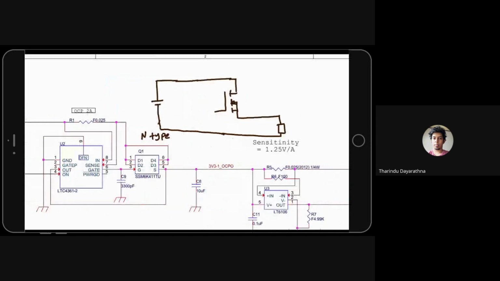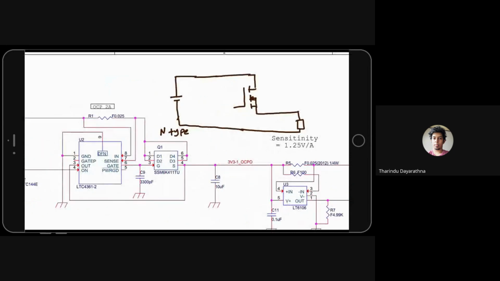Okay. So I said if the arrangement is like this, since this is 3.3 volt, this gate voltage should be greater than 3.3. So then we have the OCP IC.